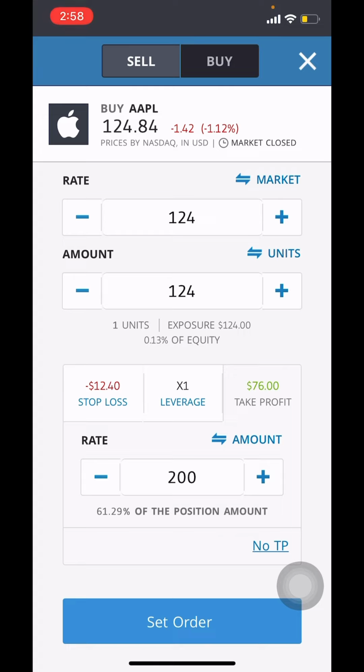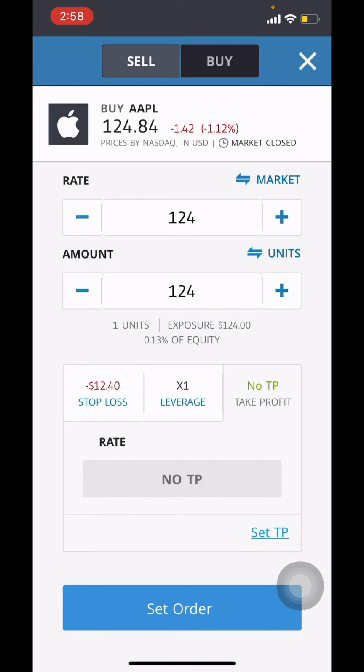That means you already have profited $76 in that whole trade. So whether on the same day that you open that trade or the next day, the following weeks, once the Apple stock price goes to the rate of 200 and you have the $76 of profit already, then eToro will automatically close that trade for you, and then you get your money. That's it. All right. No TP.